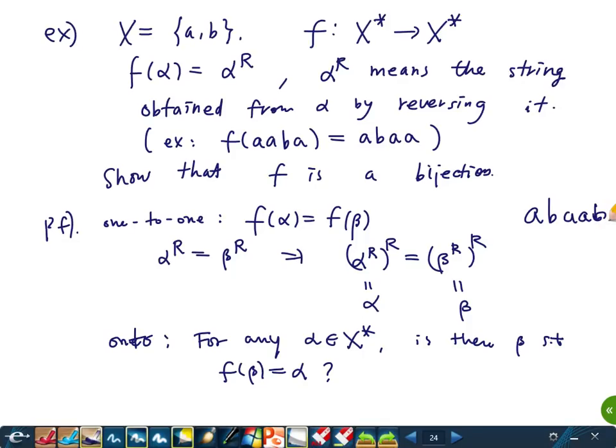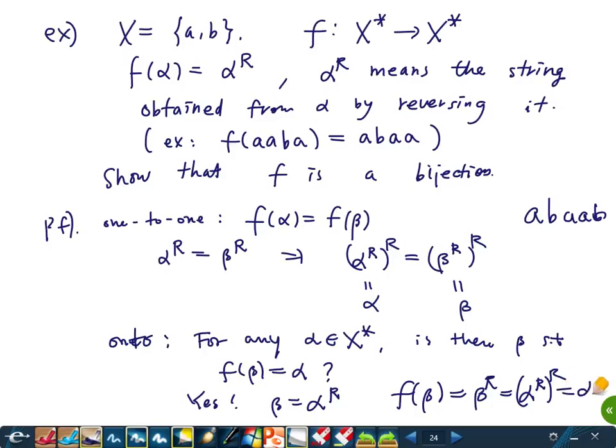Just reverse it, right? Take beta to be alpha reverse. Then f of beta is beta reverse, which is alpha reverse reversed, and that is alpha. We just found it. So it's onto. So it's one-to-one and onto. Any question?